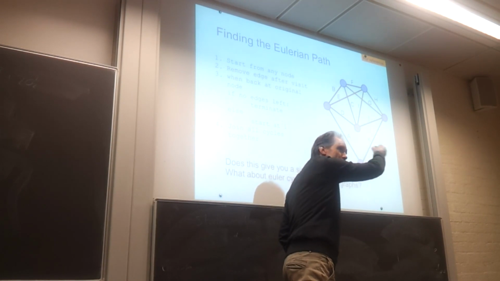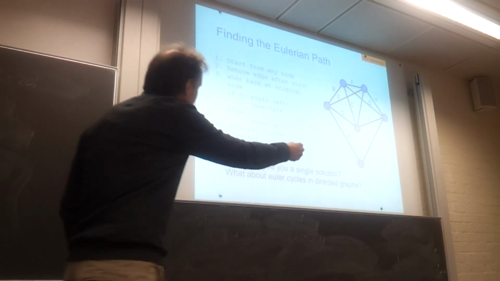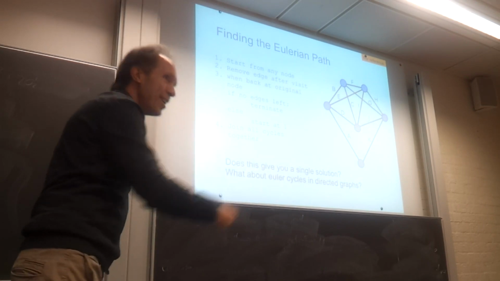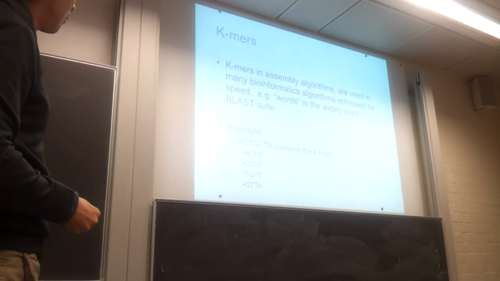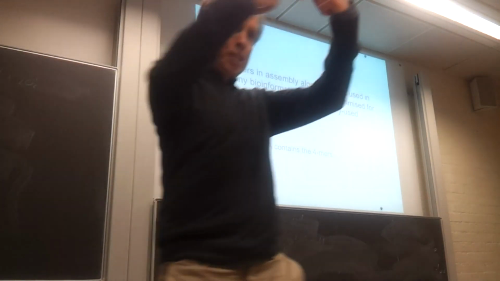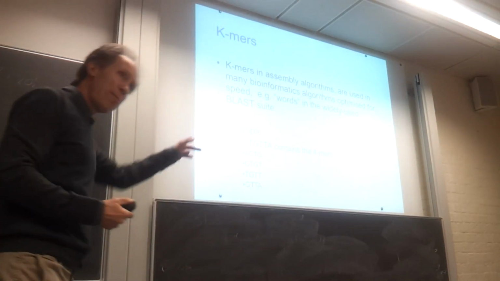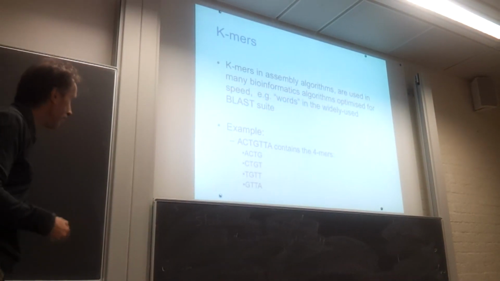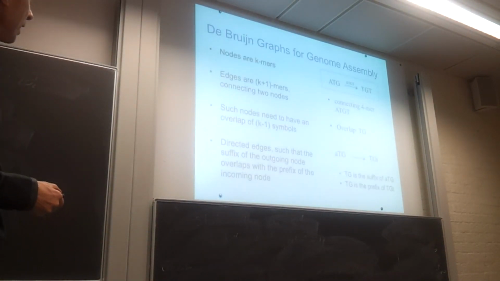Can he walk over each bridge and so on and get back? You make an Eulerian circle. That is what it was after. So we're going to use this stuff to find overlap between each of these snippets and see how we can reconstruct a complete genome out of millions of fragments. Now, how do we do this? In a fairly simple way.